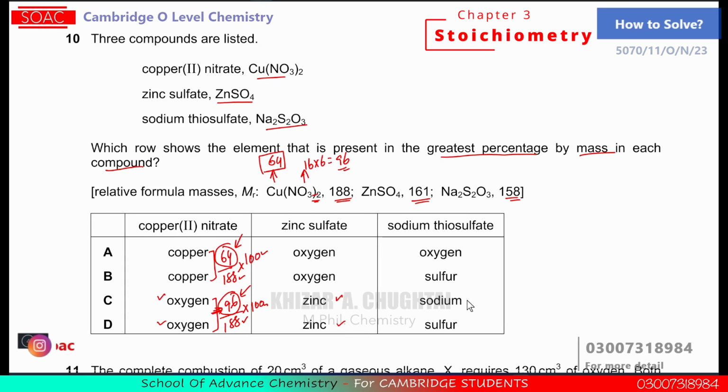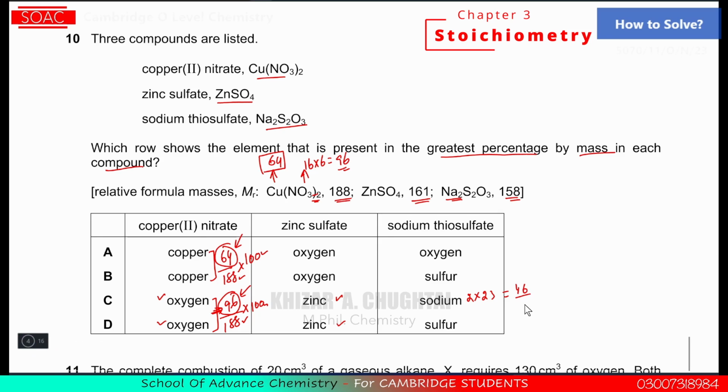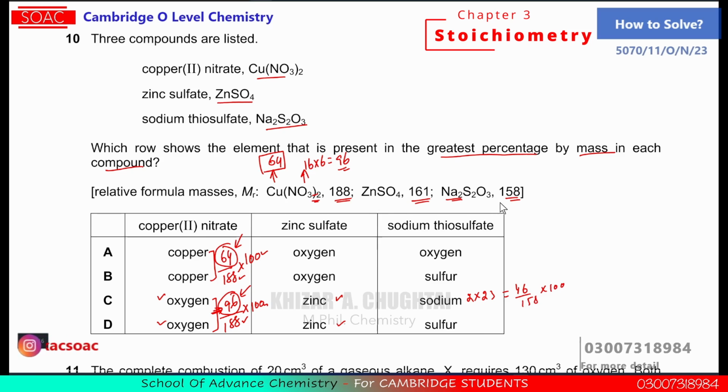Now I'm going to jump towards the sodium thiosulfate. In this case, sodium, that is 2 sodium over here. I mean 2 into 23, that is equal to 46 over 158 into 100, that is the percentage of sodium in this compound.